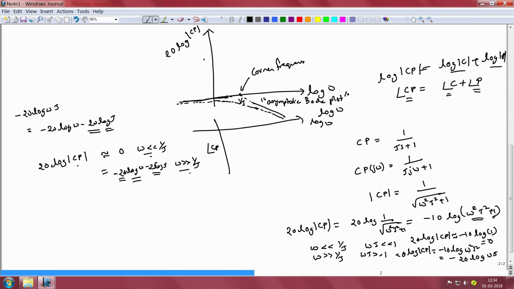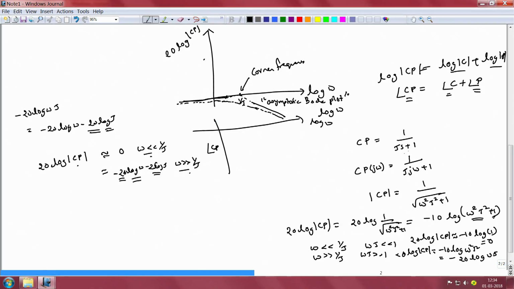If for a moment we were to ignore, as control designers, the small difference that exists on either side of the corner frequency, for all practical purposes we would have transformed what was earlier a fairly complicated, non-intuitive curve in the Nyquist plot into a pair of broken straight lines.